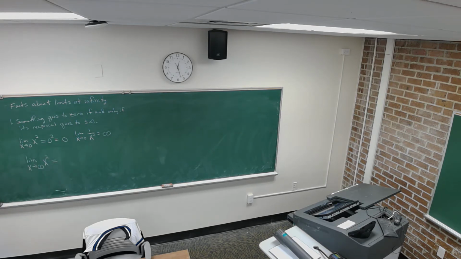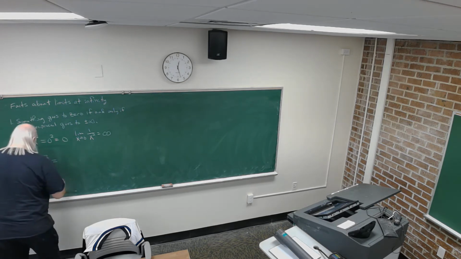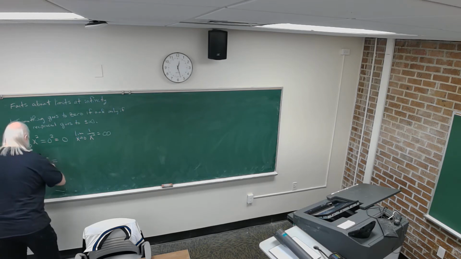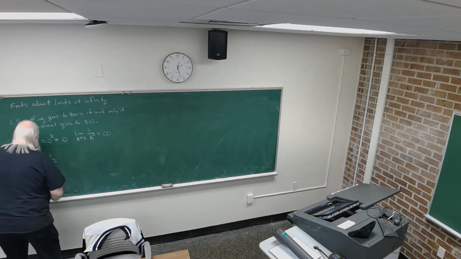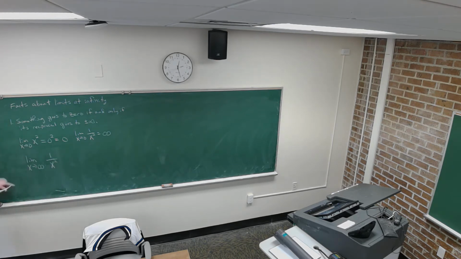Excuse me, I meant to do 1 over x squared. I'm sorry. The limit of 1 over x squared as x increases without bound is equal to 0.